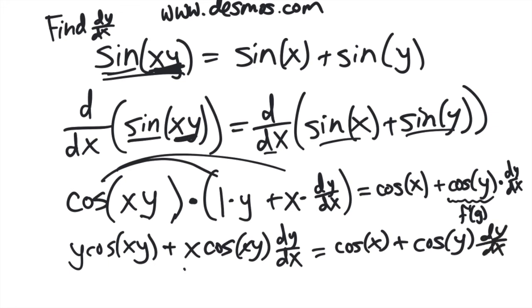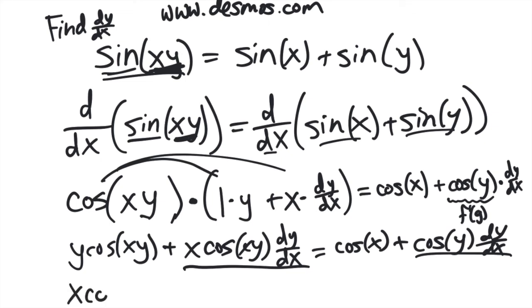So you want to combine the dy/dx's together. You want to get those two on the same side, and you want to move everything else that doesn't have a dy/dx in it to the other side. It's kind of up to you which way you want to move things. I like to try, if possible, if it doesn't give me too many negative values, to throw my dy/dx's over to the left.